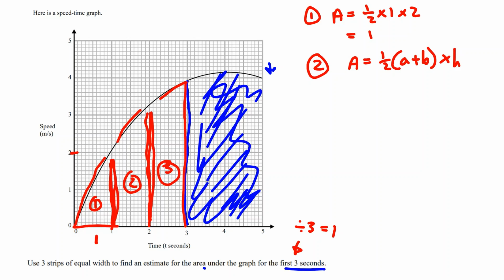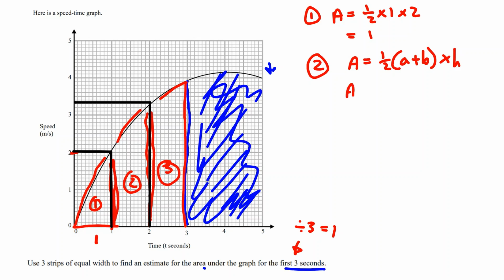I'm just going to clean this up a bit so I can see where it hits the line. So I'm drawing up at 1 until I hit the line. That's 2. I'm going to draw up at 2 until we hit the line, which looks like it is 3.3.